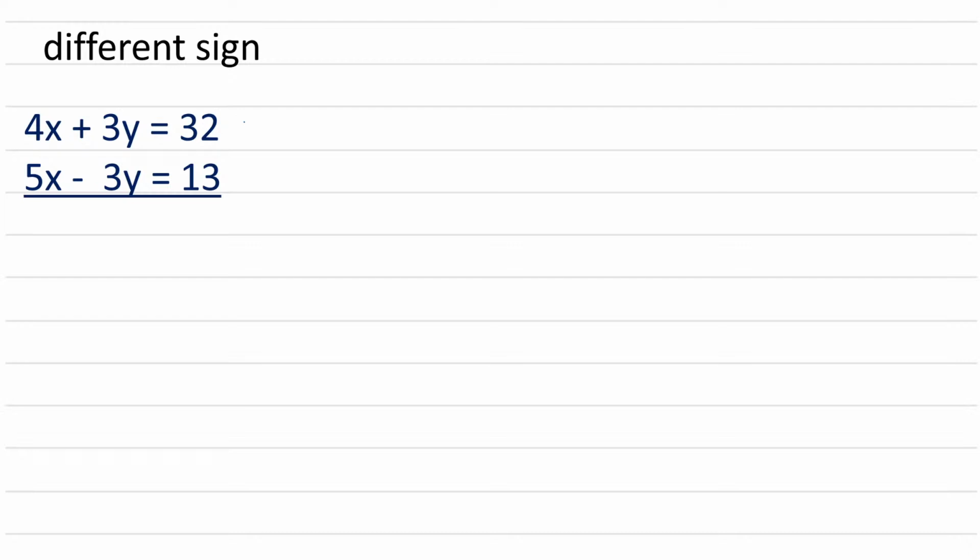So if I say this is equation 1 and this is equation 2, if I subtract them like I did before, what will I have? I'll have 3y take away negative 3y.